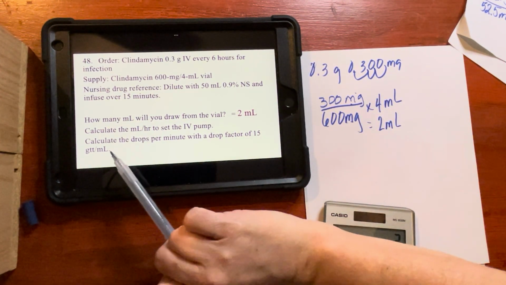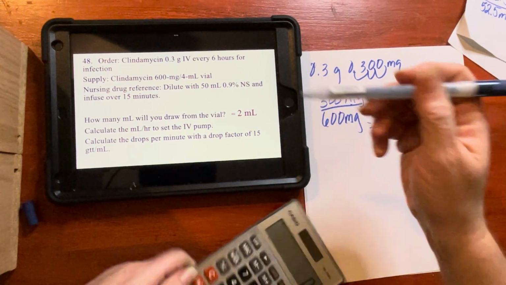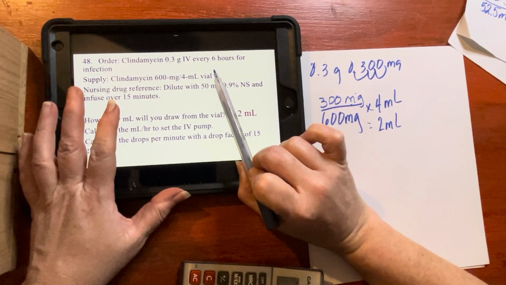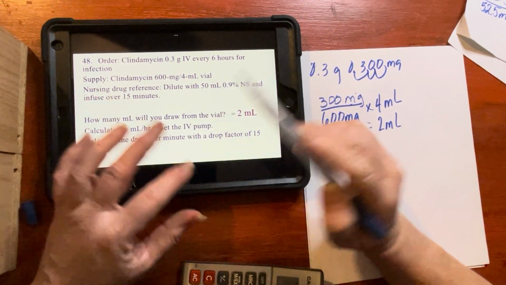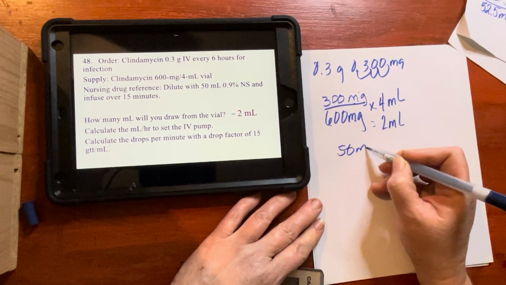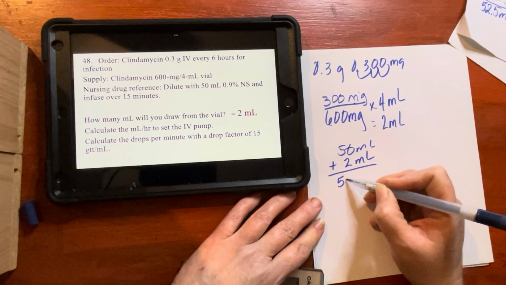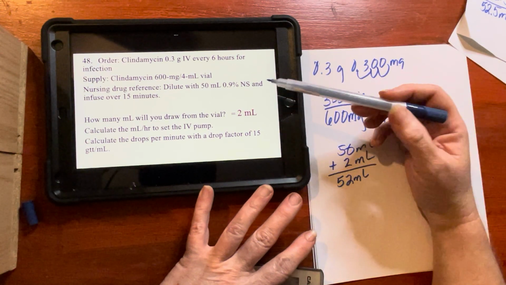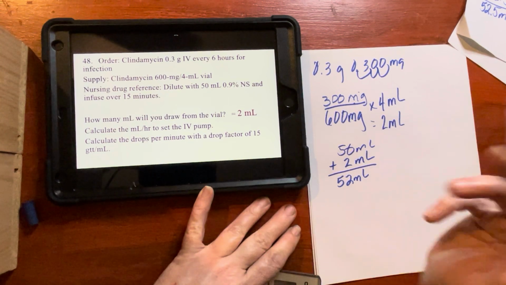So now it says to calculate the milliliters per hour to set the IV. Now it said once we get the medicine that he wants for this dose, we have to put it in 50 milliliters of normal saline. So now it's going to be 50 milliliters plus this little 2 we got with the concoction in there. And they want milliliters per hour, and it's going at 15 minutes.